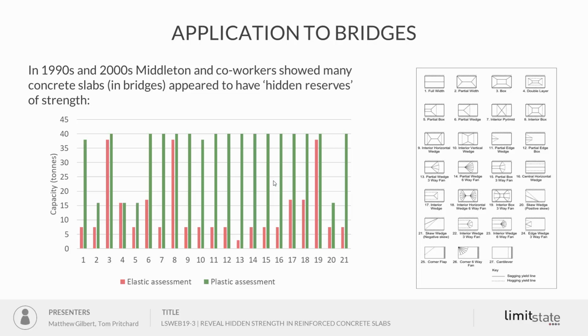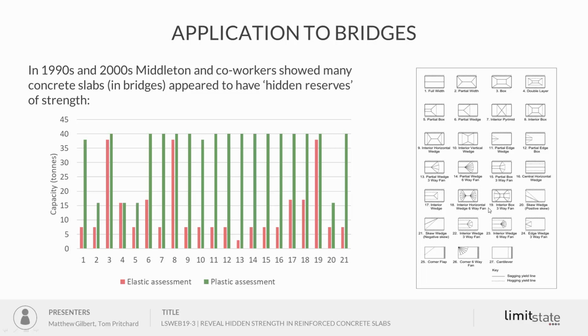How did they do that? Well, they had quite a neat tool where the software could go through a series of potential yield line patterns. You can see a library of yield line patterns, 27, shown on the right hand side, and it would basically go through those and identify which of those gave the lowest assessed capacity. So pretty nice.